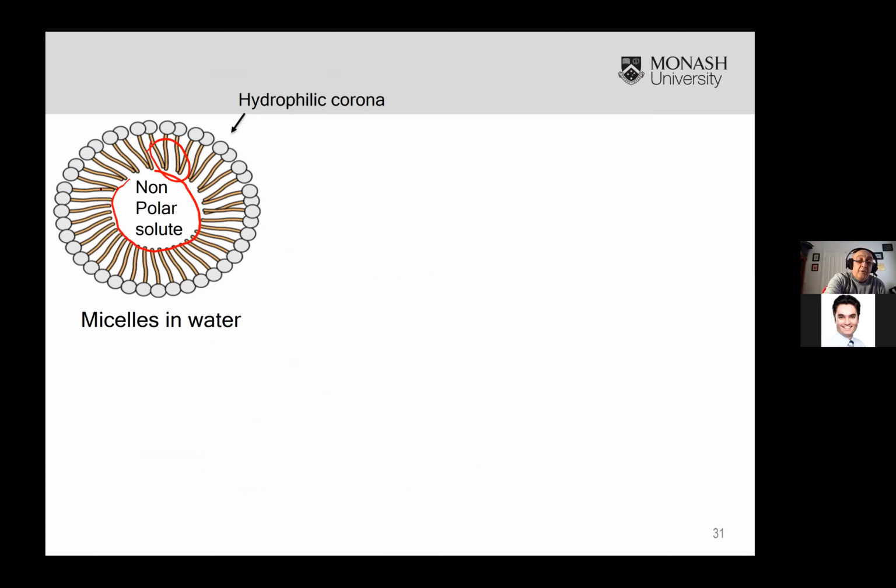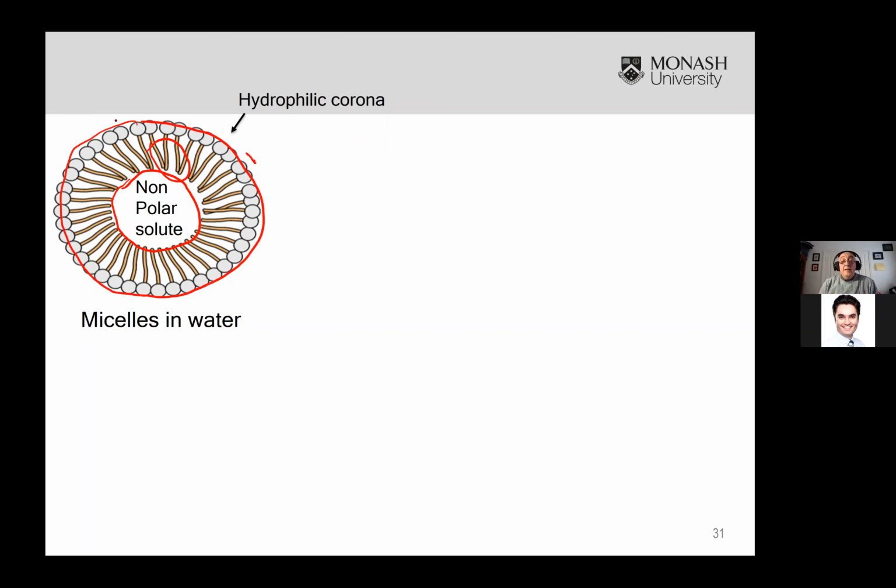This is the core. In contrast, the hydrophilic head, because there's water on the outside, so it likes water, it's not water repellent, will be at this water-air interface here, in contact with the water molecules, and will form some sort of a corona.